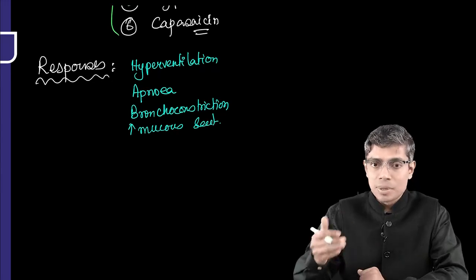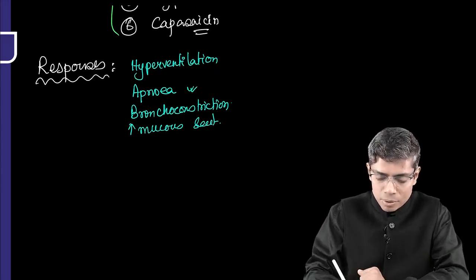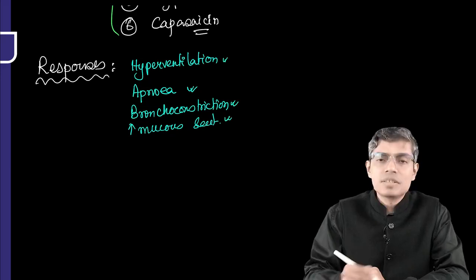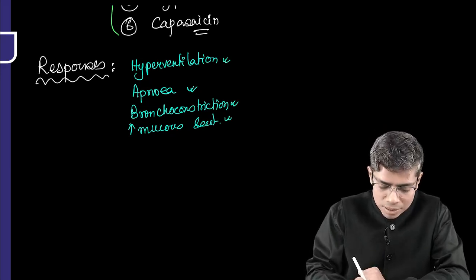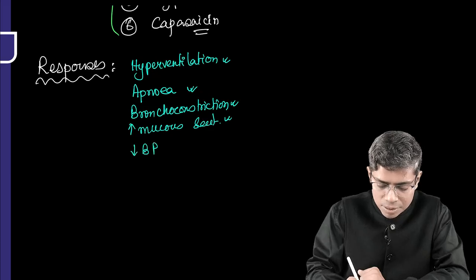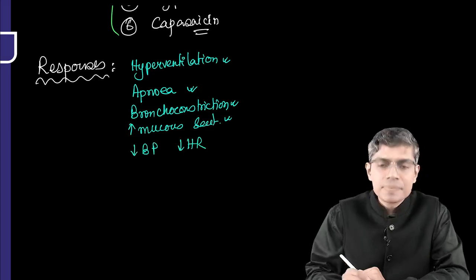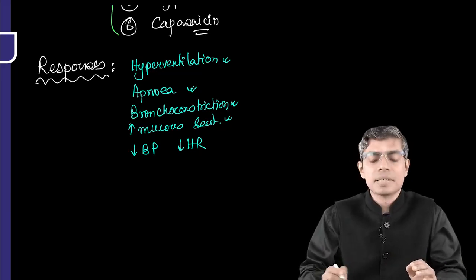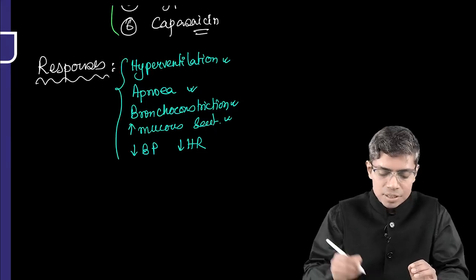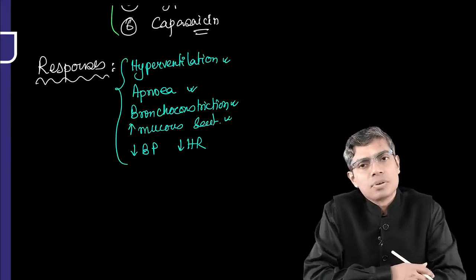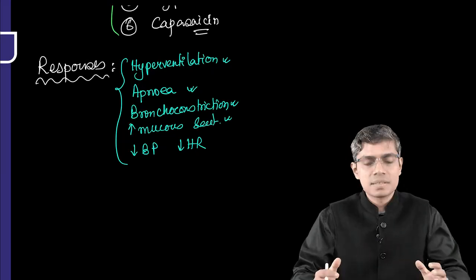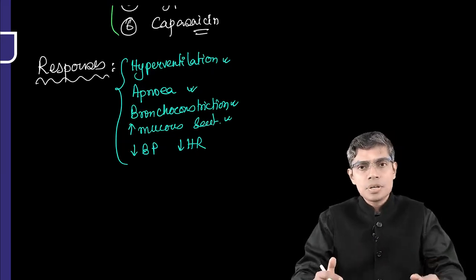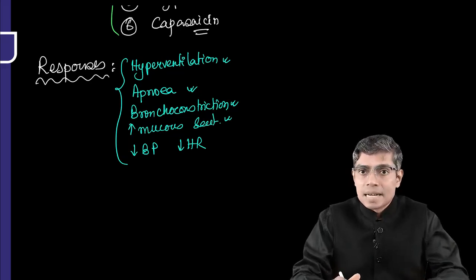So rapid shallow breathing followed by apnea followed by bronchoconstriction, increased mucus secretion, along with a decrease in blood pressure and a decrease in heart rate. So hypotension and bradycardia are also going to happen along with this hyperventilation and apnea and bronchoconstriction. So these are the symptoms which are produced when the J receptor is activated.